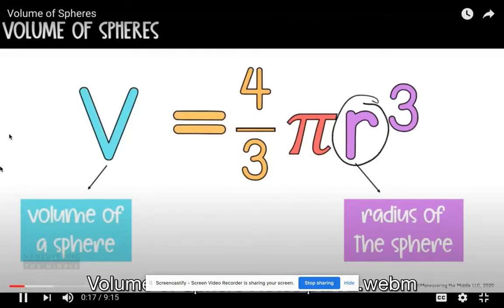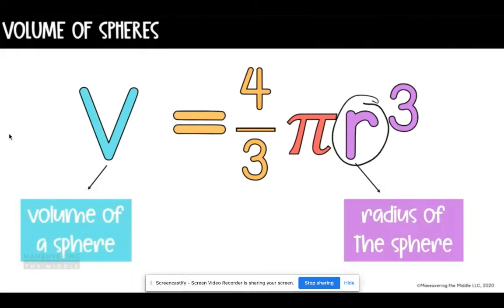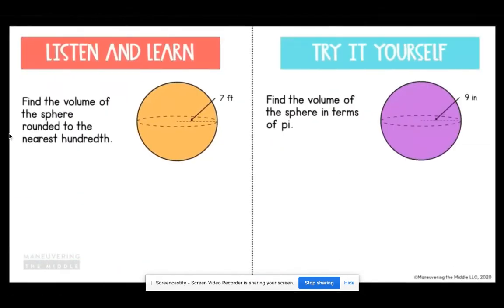The only piece of information we need to find the volume of a sphere is the measure of the radius. Then we can plug that into the formula, then we'll have the volume. So let's try some examples here. Find the volume of the sphere to the nearest hundredth. The first thing we'll always do is write the formula we need: 4/3 pi times the radius cubed.